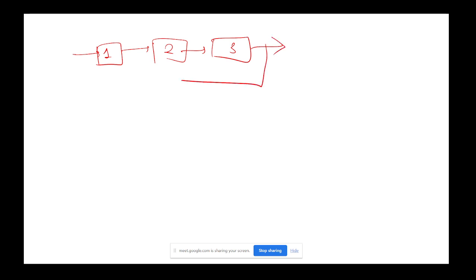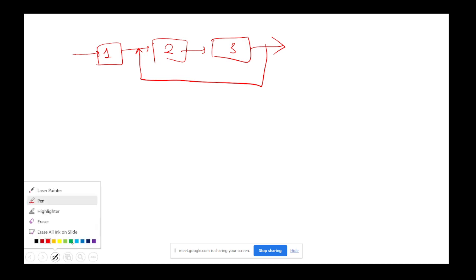So usually what happens is, in industry you observe recycling of process. Say for example, this is 1, 2, 3, or it can be recycled here also.